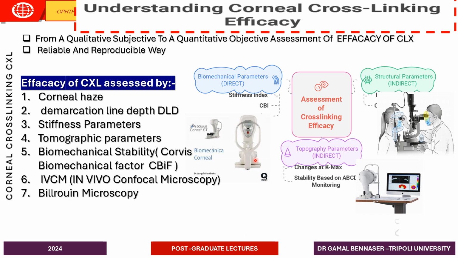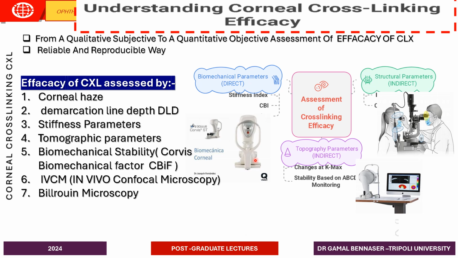So generally, we can classify the assessment of the efficacy of your cross-linking into a direct way and an indirect way. The indirect way uses the slit lamp or the anterior segment OCT to determine the depth of your demarcation line. But the more quantitative and objective way is the direct way, which is directly measuring the stability and the stiffness of the cornea by using the stiffness parameters and the biomechanical parameters.